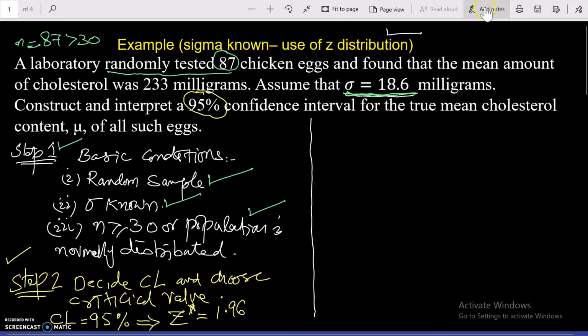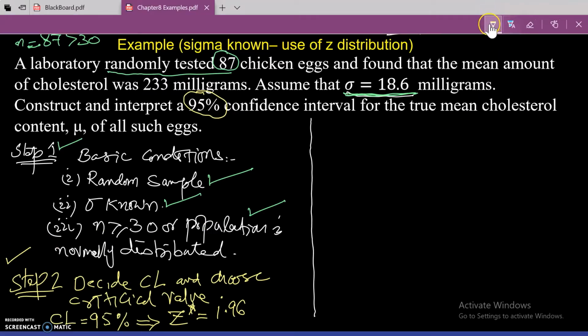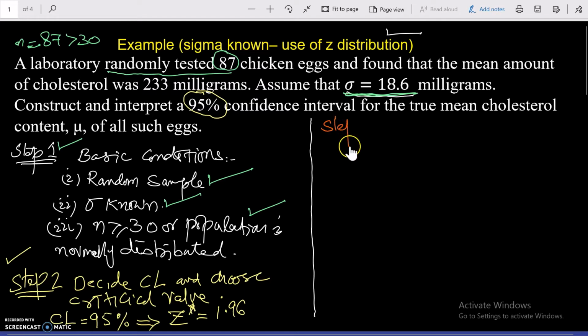Let's go to the third step. What is the third step? Step 3 is the most important step, and I see students have a lot of difficulty in this particular step. The first two steps are easy, but this one is difficult.